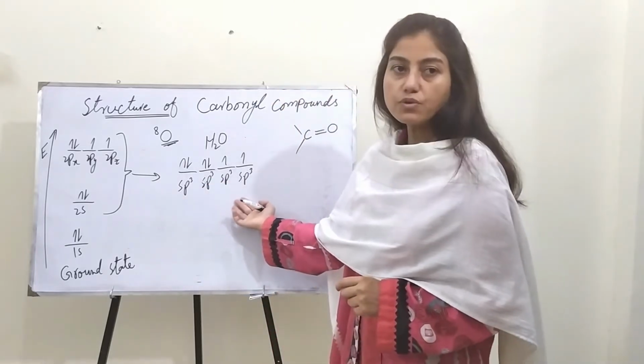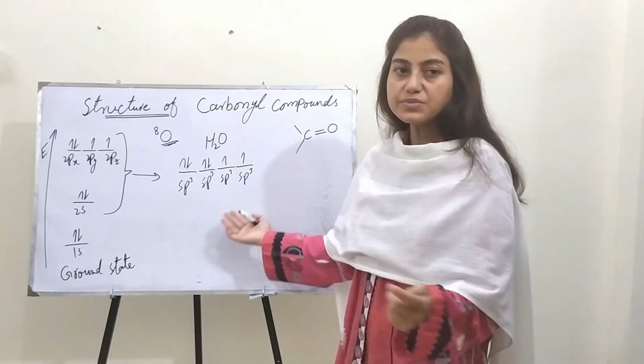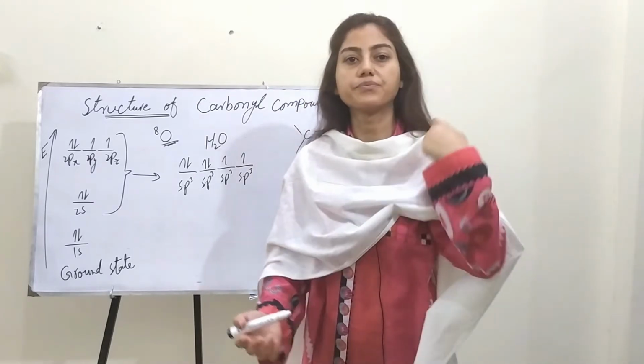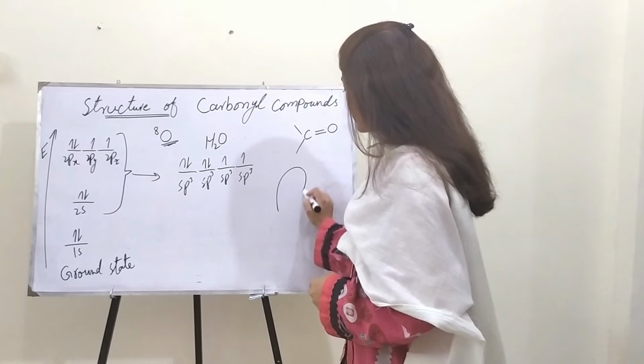Now these 4 hybrid orbitals would orient themselves in a tetrahedral geometry that looks like this.